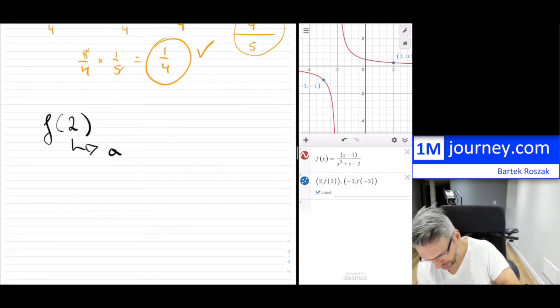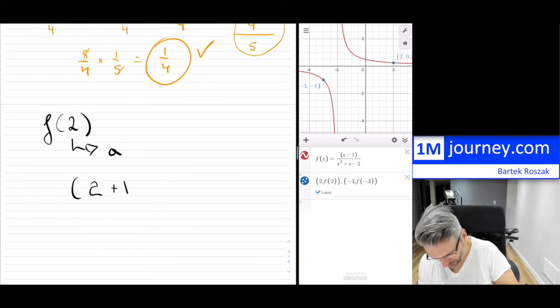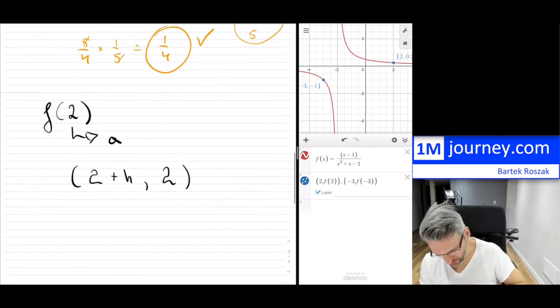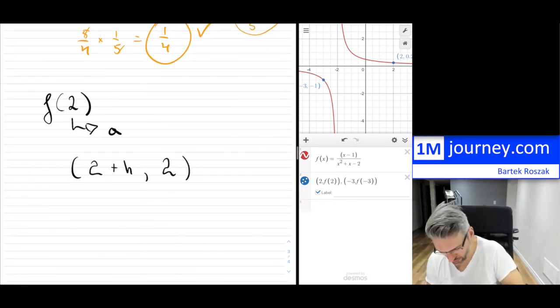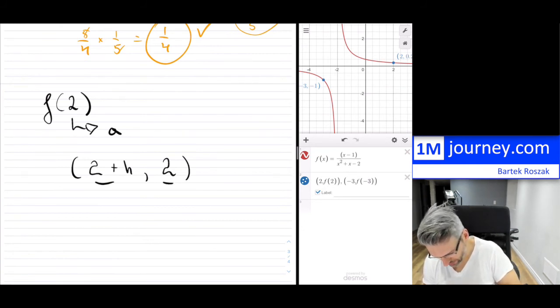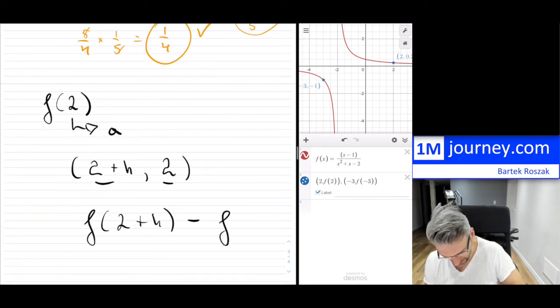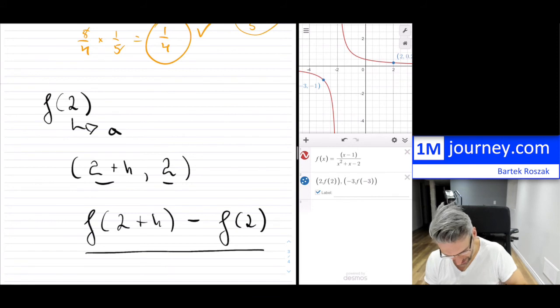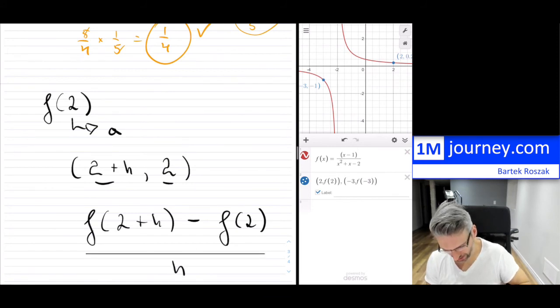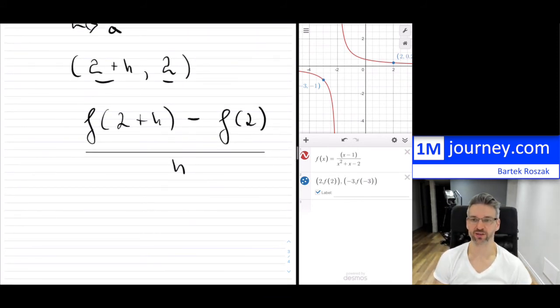For this one, we have the point 2 plus our little h, and h is supposed to be very tiny, and then at 2. So this is f(2 + h) minus f(2), divided by h. And now whatever h might be, h is going to be very small.